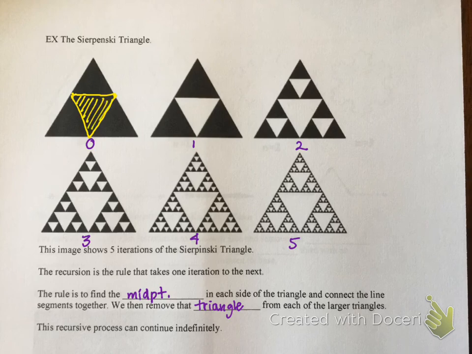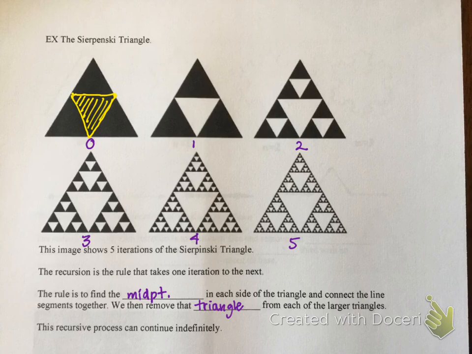I get this equilateral triangle I just highlighted in yellow, and I remove that. So to get from the 0 iteration to the first iteration, I remove that inside triangle. So once again, what's the rule? Find the midpoints of each solid triangle. Connect those points together to create another equilateral triangle and remove it.